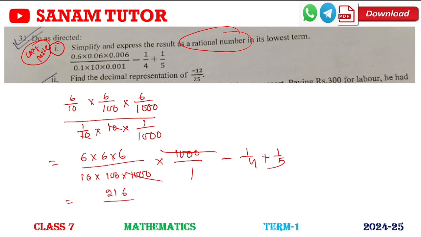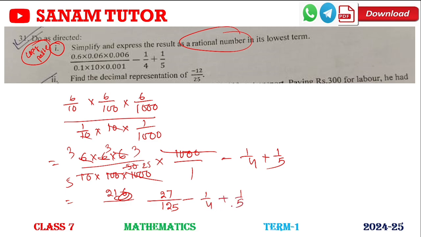or cancel out, 2 3s are 6, 2 5s are 10, 2 3s are 6, 2 25s are 50. So 216 by 1000 is 27 divided by 125, minus 1 by 4 plus 1 by 5.